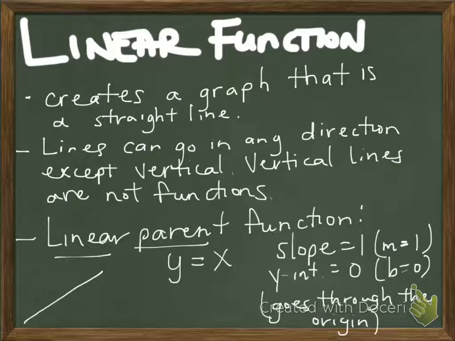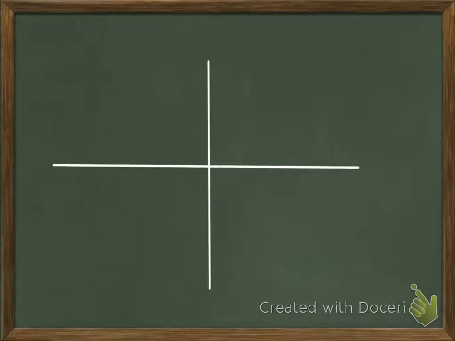This is the most important stuff that you need to put in your function foldable, your function book, about linear function. There's one other thing I want you to add with linear function, and that is the picture, some examples of a linear function. So, if we have a Cartesian plane right here, this is our x-axis, this is our y-axis, functions may look like this.